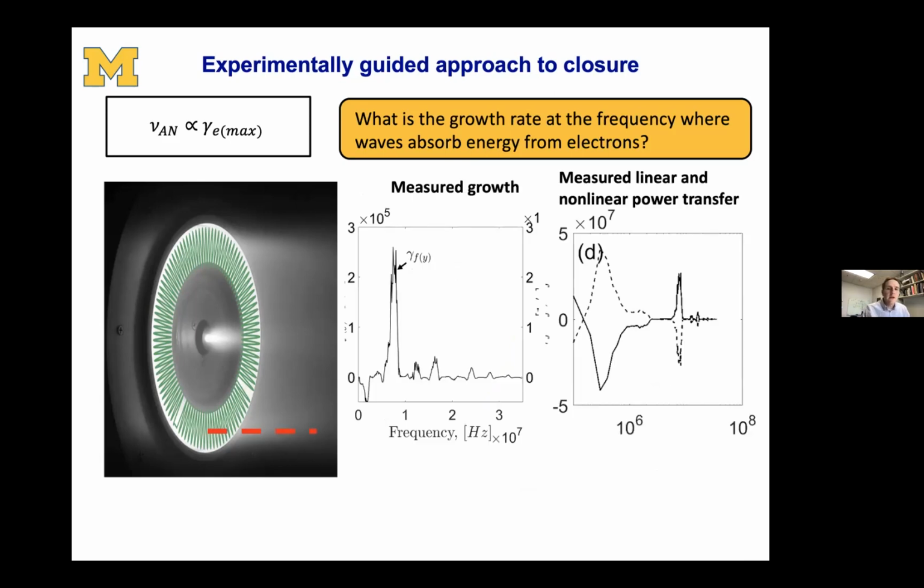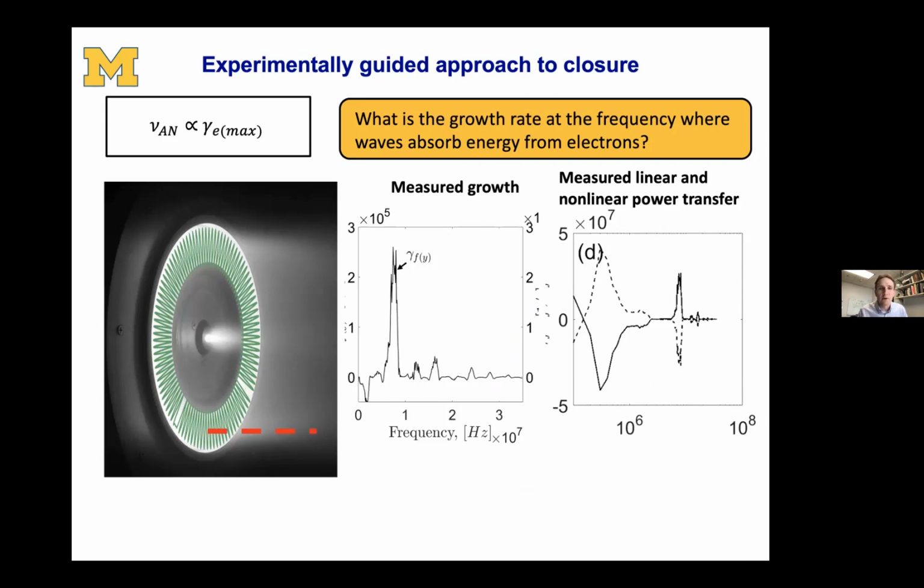So the last question is, what is that value? And the first thought might be that we could use existing linear theory for what that value should be. But our experimental measurements have shown that the linear theory is a far cry from the actual experimental measurement. And this is probably because a lot of the assumptions that go into linearized theory predictions for growth rate are violated, including the fact that we anticipate that the electrons are probably not thermalized in these plasmas.